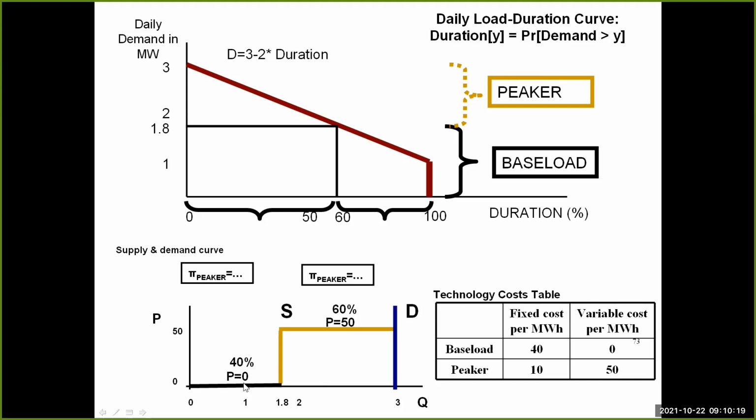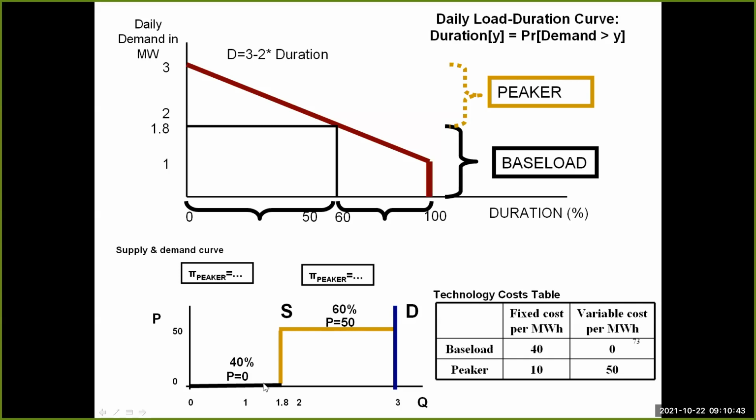And I say, well, if you think of it, it's a uniform distribution. So between 1 and 3, the probability of the demand being between 1 and 3 is 100%, of course. 1 to 1.8, that is 0.8 out of 2 units. So that is 40%.